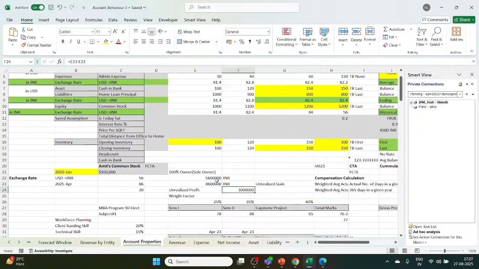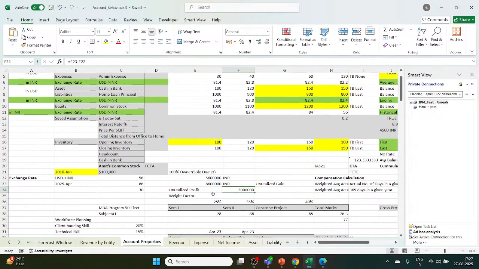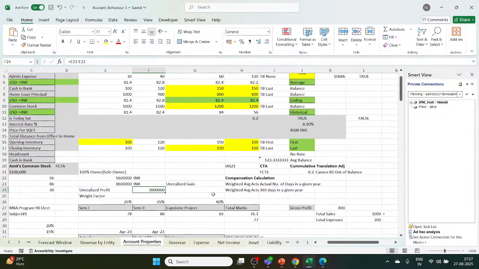So the value would be 56 lakh rupees. And when we sold it, the rate is 86. So 86 into 1 lakh is 86 lakh rupees. So the remaining value would be 30 here. It's an unrealized profit of 30 lakh rupees that the person will get here.